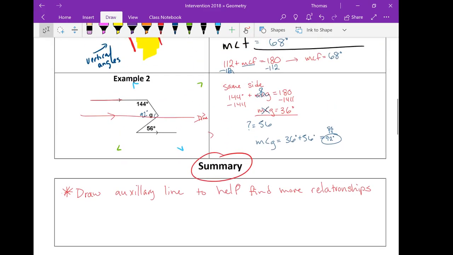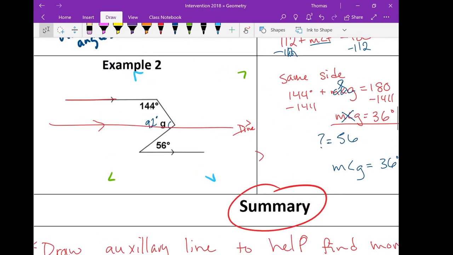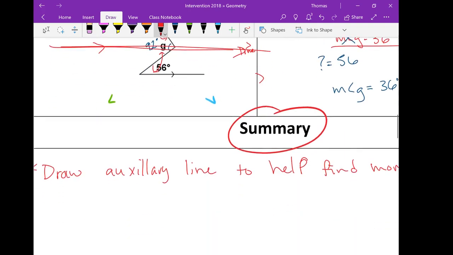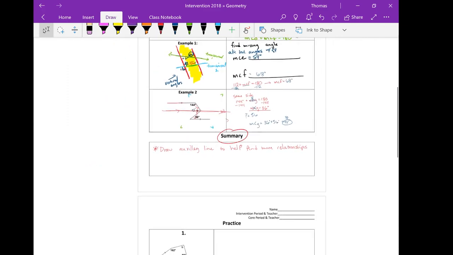Just like we saw in this problem, it wasn't until we drew this line down the middle, this extra auxiliary line through that angle G, that we're able to use our same side and our alternate interior angles to figure out what G would be in total. That's kind of the big takeaway for today.